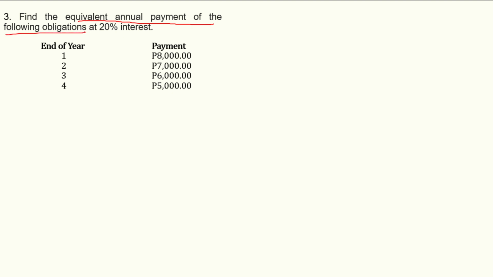Parang yung question number 1, gusto niyang kunin yung A prime, yung from arithmetic gradient, gusto niyang i-convert into ordinary annuity. So, given muna tayo, interest natin ay 20%, yung G natin ay 1,000. Ano yung G natin? Positive o negative? Dapat negative yan kasi decreasing.